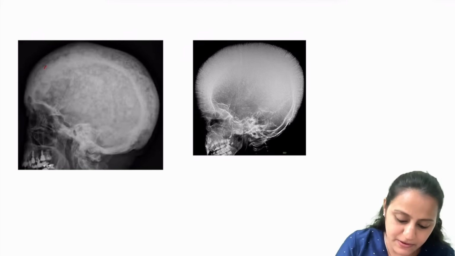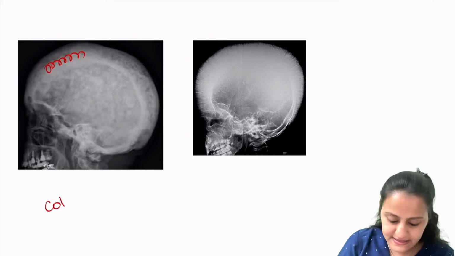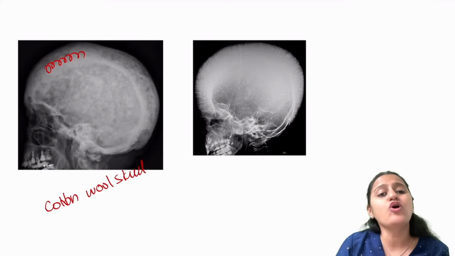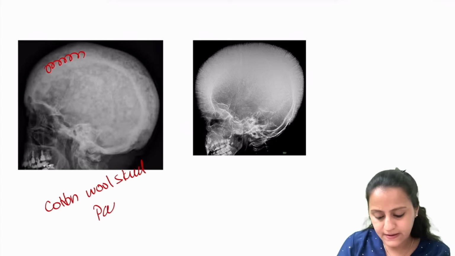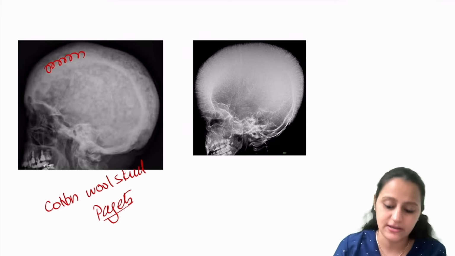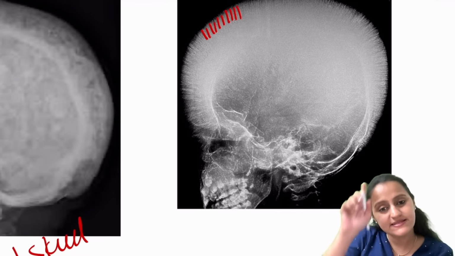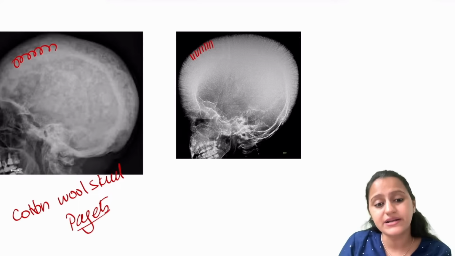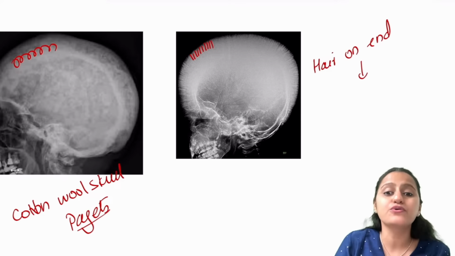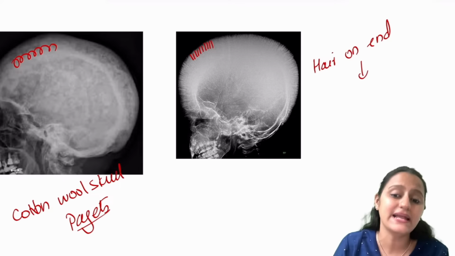What is this appearance of the skull here? This is cotton wool skull. Where do you see cotton wool skull? Remember, Paget's. Paget's has cotton wool skull. What is the appearance of the skull here? This is the hair on end or crew cut appearance, which is because of the increased hematopoiesis in what anemia?